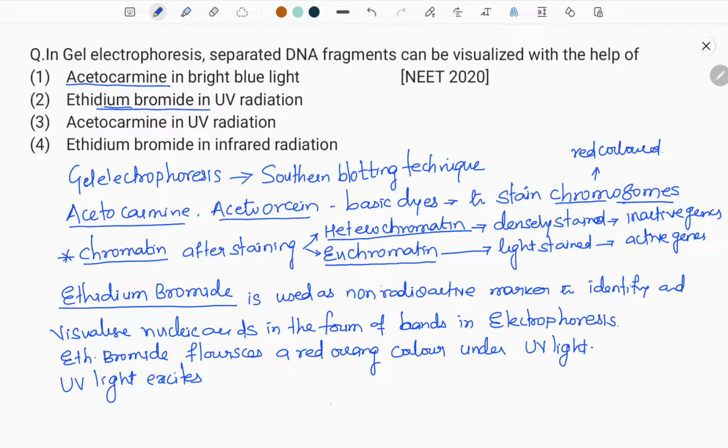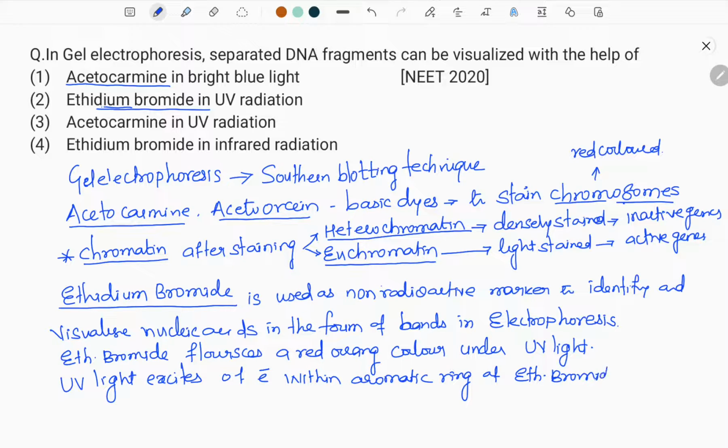That is called the photoelectric effect. So this UV light will cause excitation of an electron within the aromatic ring of Ethidium bromide.